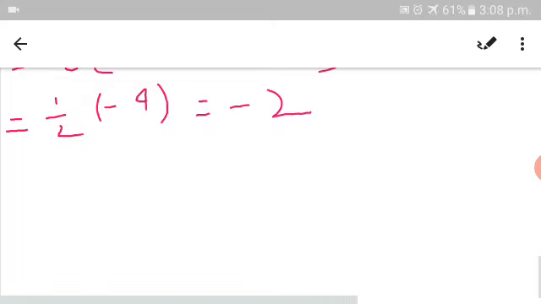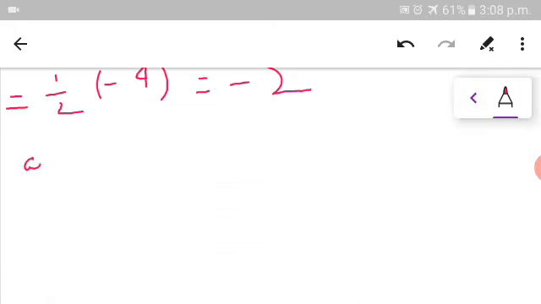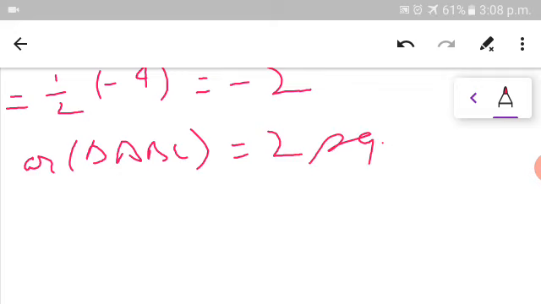So therefore we'll write the area: area of triangle ABC equals 2 square units. So this is how we have to solve. Okay.